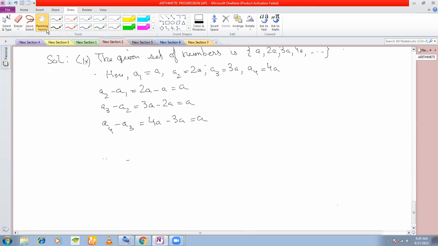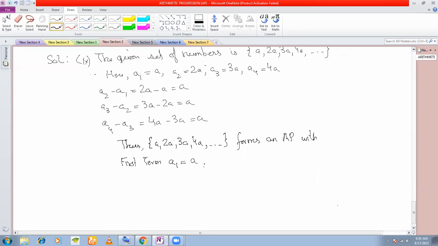So therefore, all the differences are equal, and therefore we say, thus, A, 2A, 3A, 4A, and so on forms an AP with first term A1 is equal to A, common difference D is equal to A. And we need to find the next four terms also.